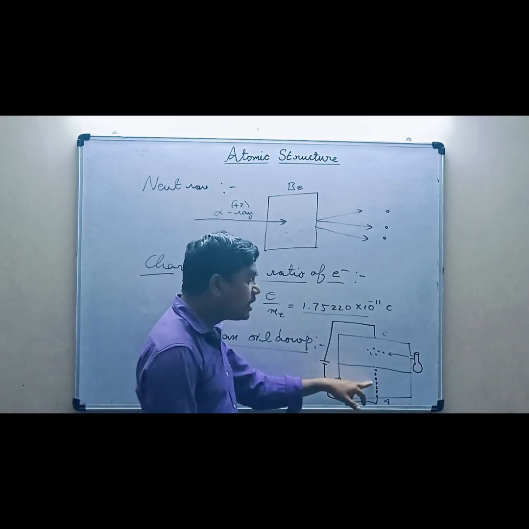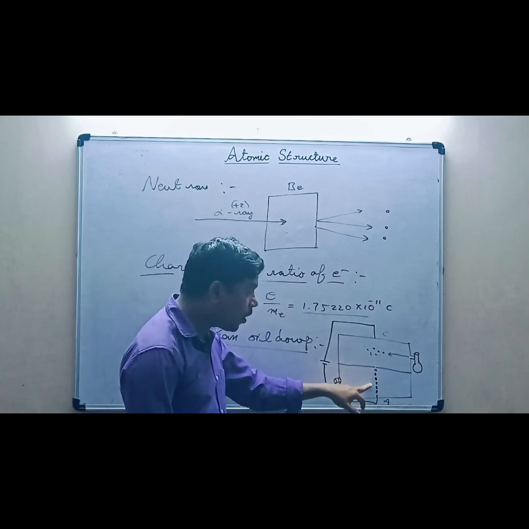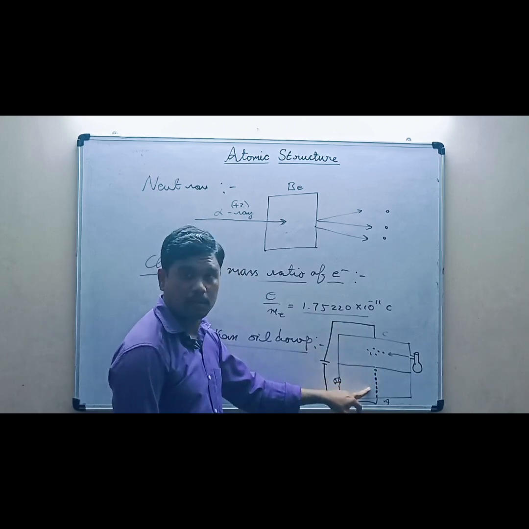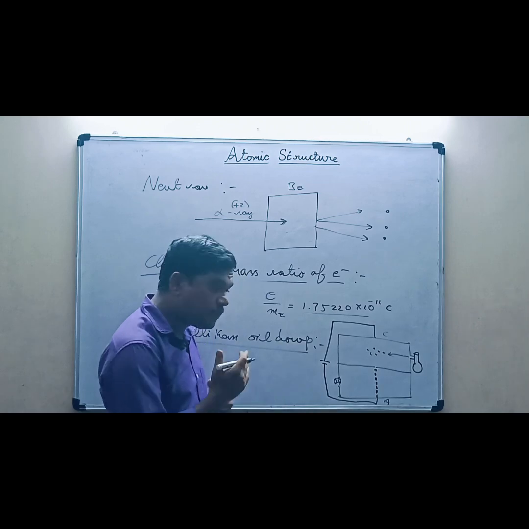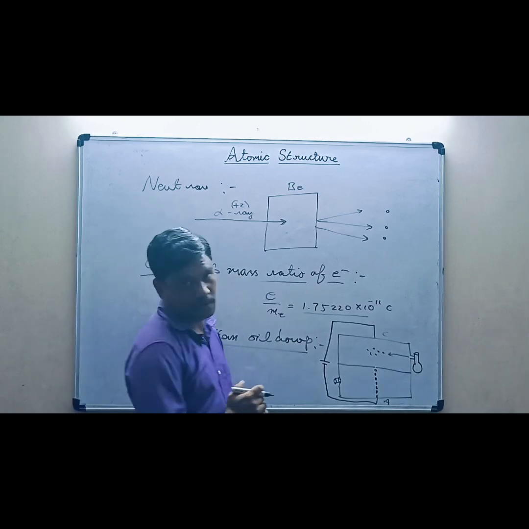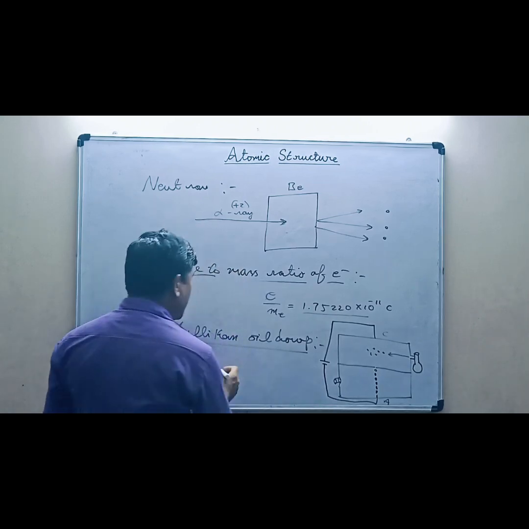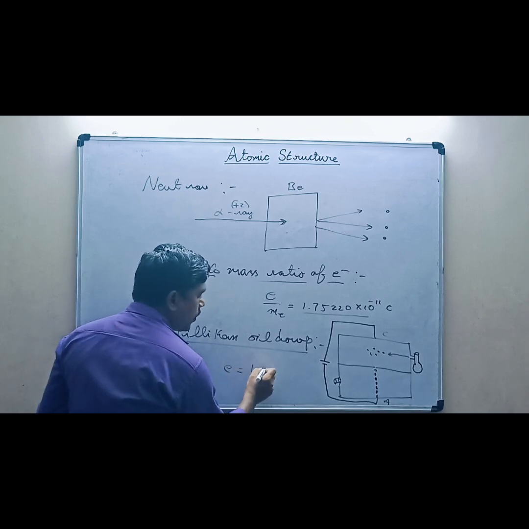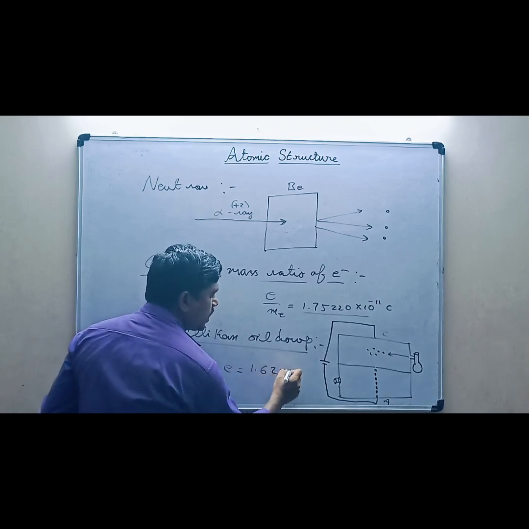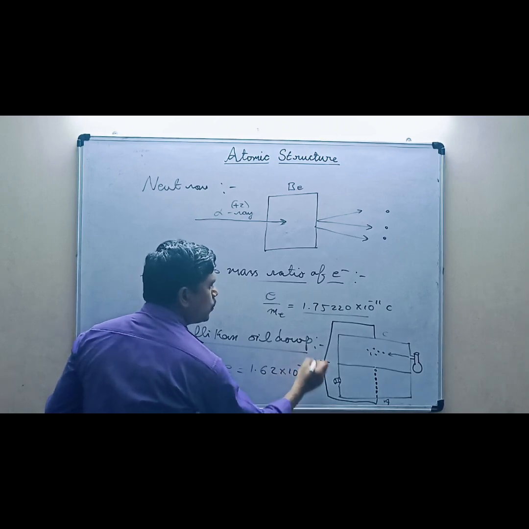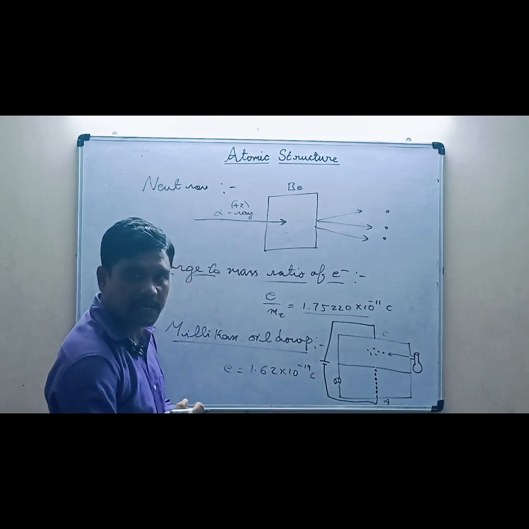In which they observe the speed of an oil drop that is coming down, and they could find the charge of the electron. So they found the charge of the electron is around 1.62 into 10 to the power of minus 19 coulombs, right?